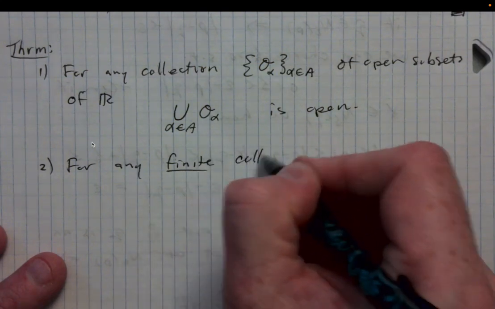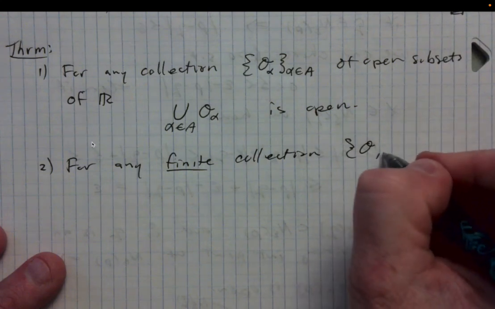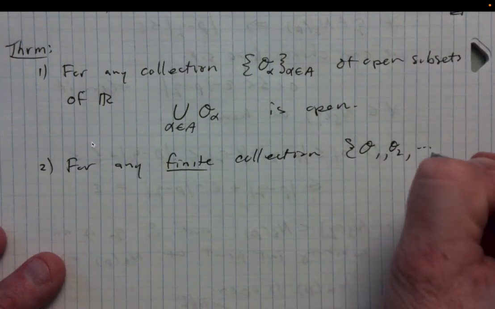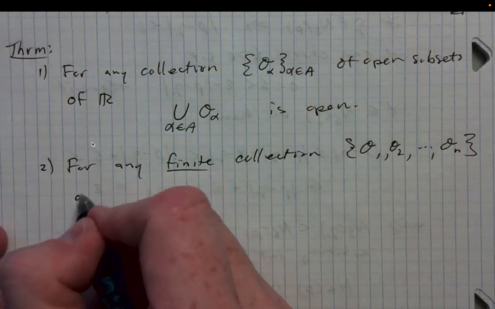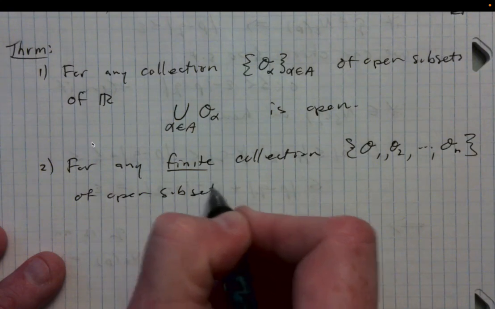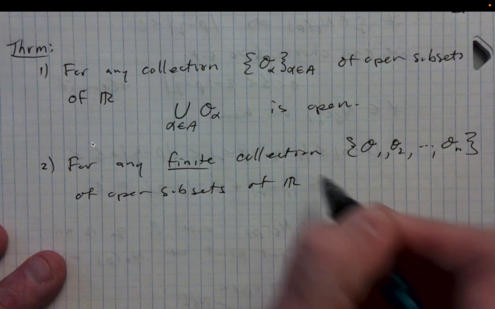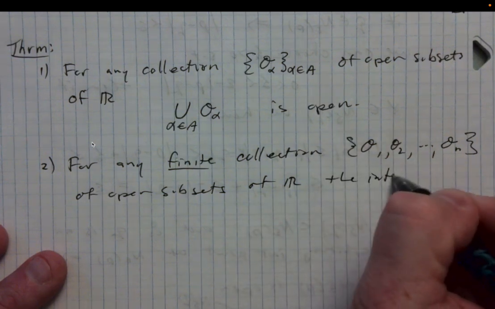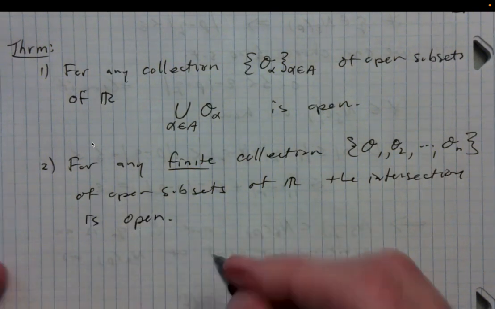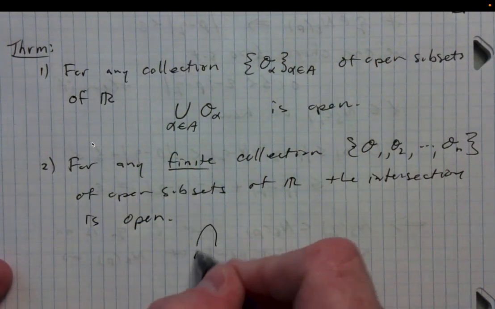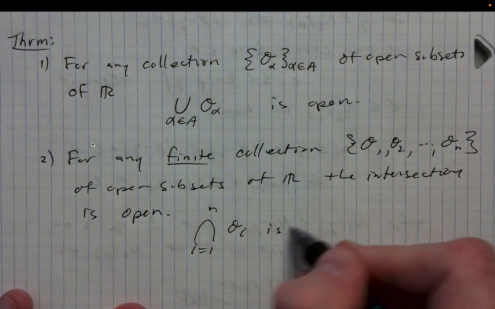For any finite collection, which we'll denote O sub 1, O sub 2, through O sub n, of open subsets of R, the intersection, the intersection from i equals 1 to n of O sub i, is open.